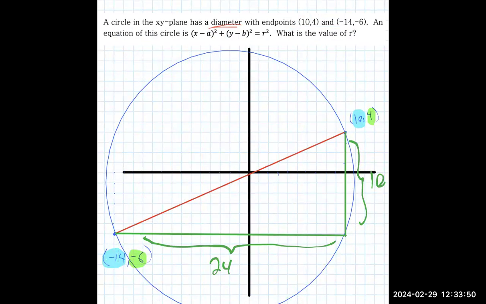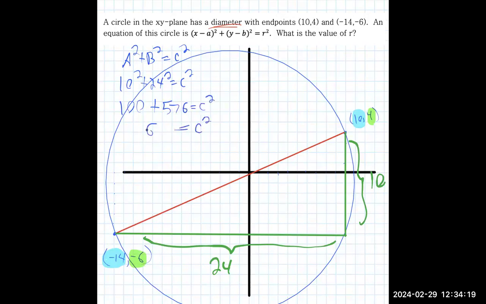So putting that in the Pythagorean theorem, a squared plus b squared equals c squared. 10 squared plus 24 squared is c squared. One way to really mess up the Pythagorean theorem would be to not put the two legs as a and b, or to not put the hypotenuse as c. 100 plus 24 squared, which is 576, equals c squared, and that's 676.